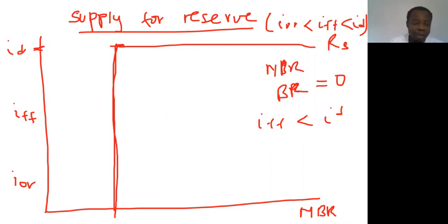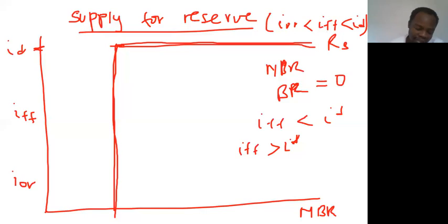Now, in the situation whereby the federal fund rate is greater than the discount rate, people would rather prefer borrowing from the central bank instead of borrowing from other banks, right? So at that point, the banks are going to borrow from the central bank, and that is why it is going to have this horizontal shape.